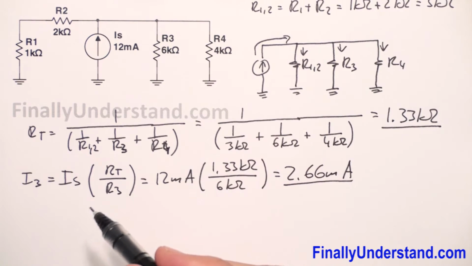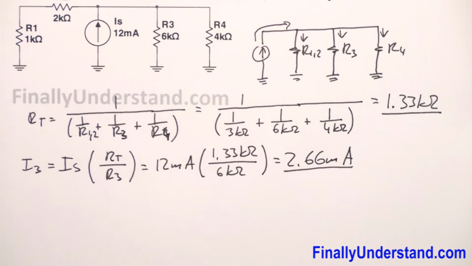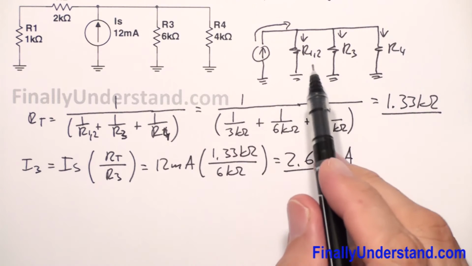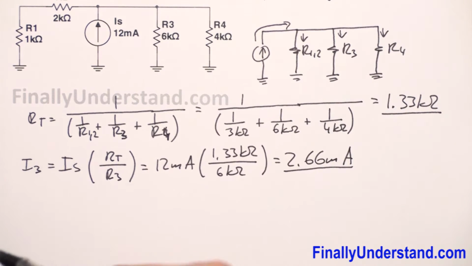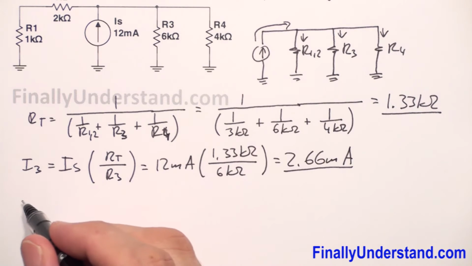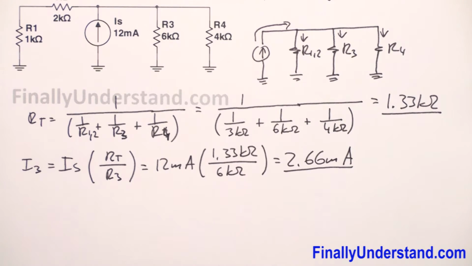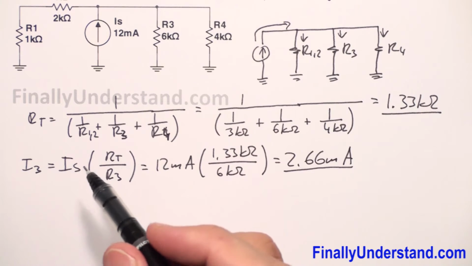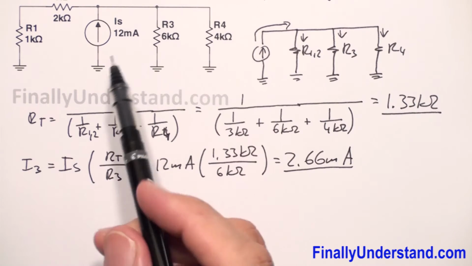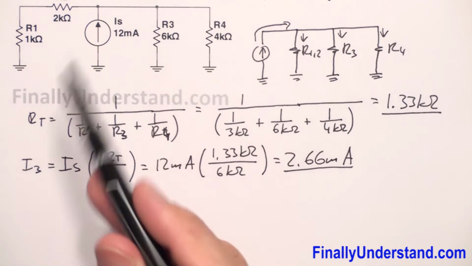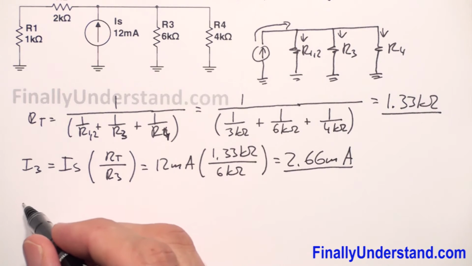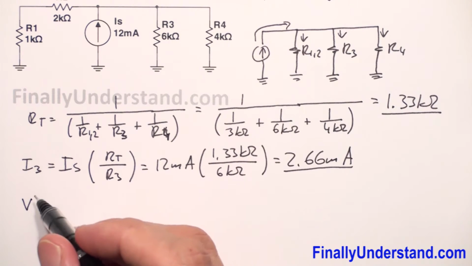Now next we're supposed to find V1. Please notice that these resistors are in parallel. So if you want to find V1, let's say first, let's find V4. Why V4? Because it's going to be easier for us to do it.